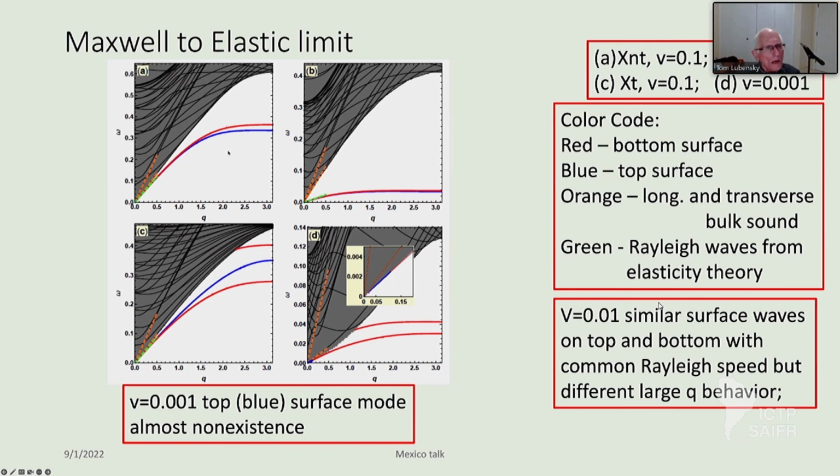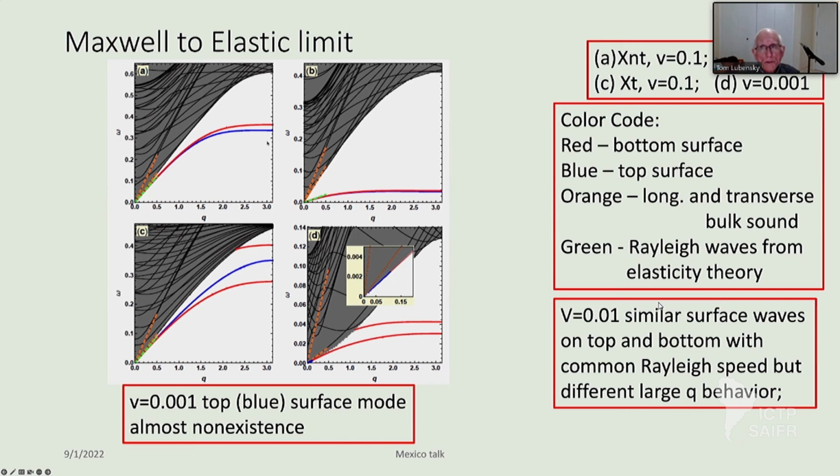And so A is showing a normal state where the red and the blue are the frequencies of the top surface, and the bottom surface is red.